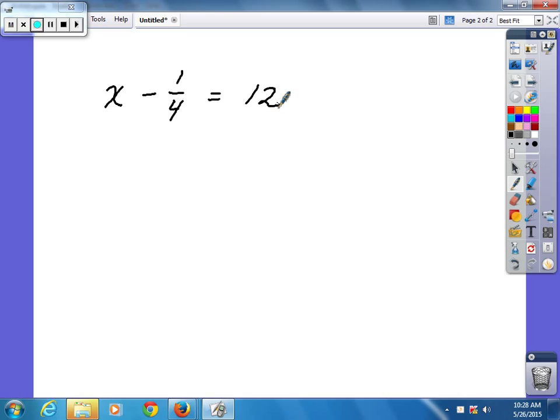And you were told to bring the 1/4 over, or you were told to multiply through by what? The common denominator of 4, 1, and 1. What's the common denominator of 1, 4, and 1? Multiply by 4 over 1. Put the baby step in there.